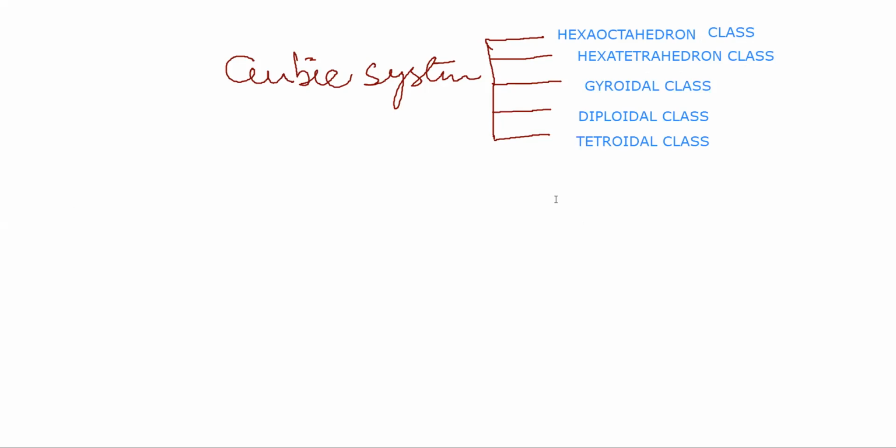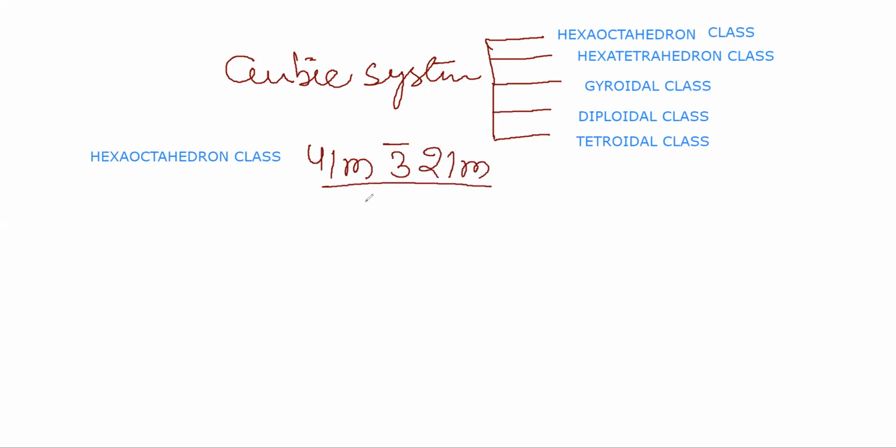So now let's take first the hexaoctahedron class. As we know, the HM symbol for this is 4 by M, 3 bar, 2 by M. In the last class we discussed this. So now we want to know the symmetry elements from this HM symbol.